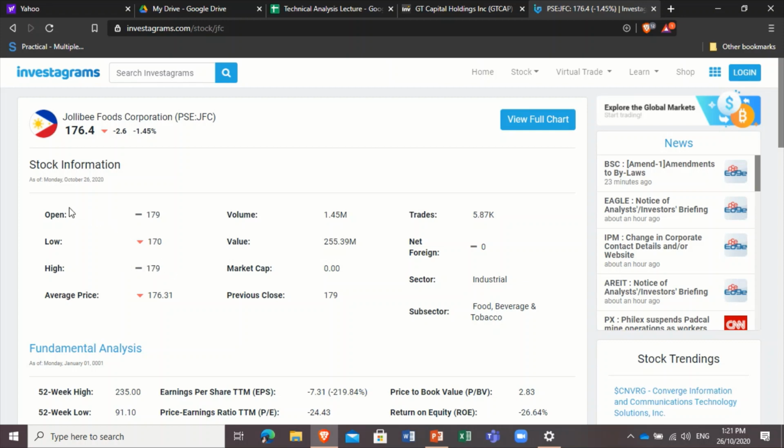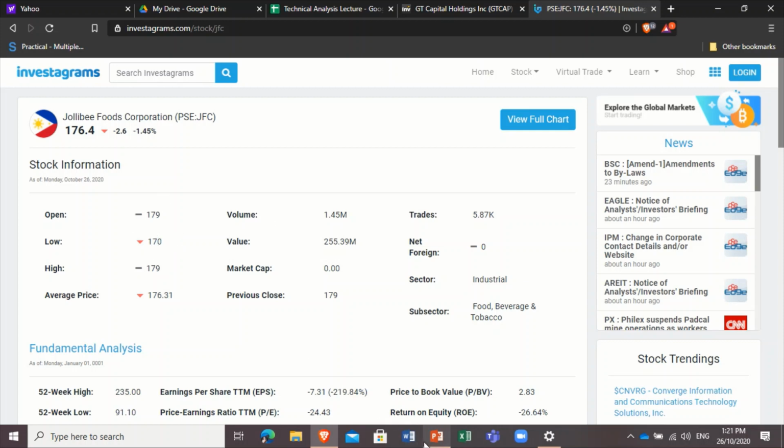Okay? So, wala namang ganun kahirap dun sa terminology. Open, low, high, and close lang naman. Importante naman dito at the end of the day is how do we see the entire picture just by looking at these prices.